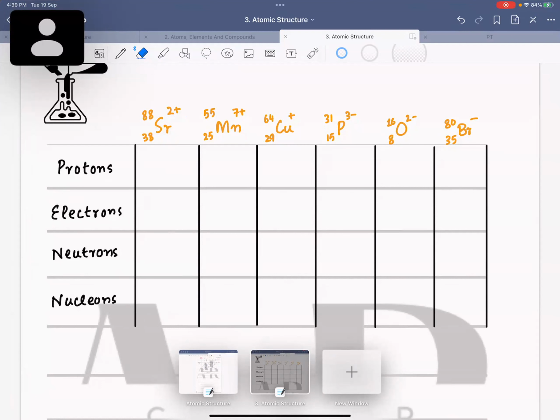But put the nucleons first. The bigger value is the nucleons, so just put it. Okay, good, Khatija.